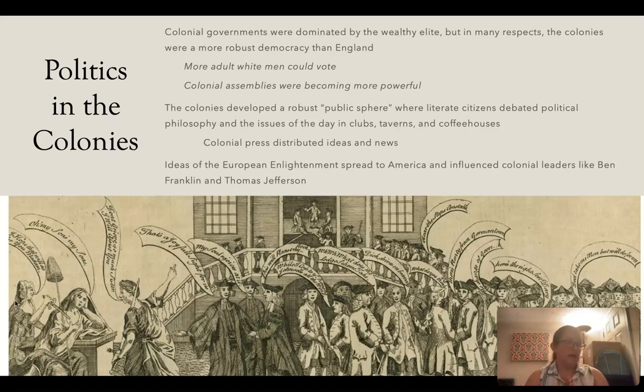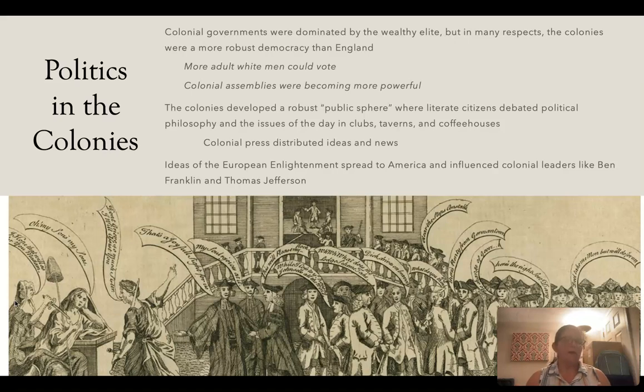In the major cities like Boston and New York and Philadelphia, clubs sprang up where issues about literature and science and philosophy and politics were discussed by the elite. But it's not just the elite talking about these ideas. Conversations were also happening in taverns and inns and coffee houses.